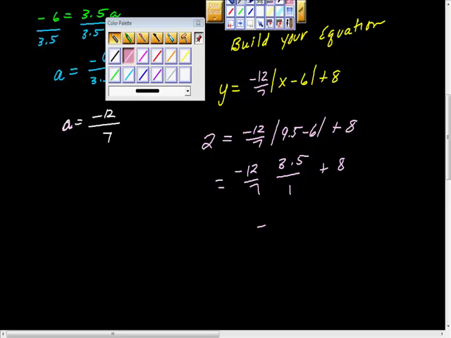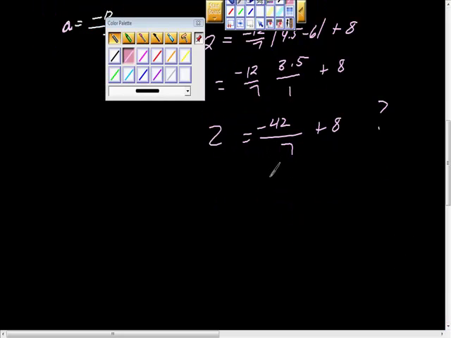Negative 42, but over 7, plus 8 equals 2, question mark? What is negative 42 over 7? 6. So we have 2 equals negative 6 plus 8. Yes or no? 2 equals 2.